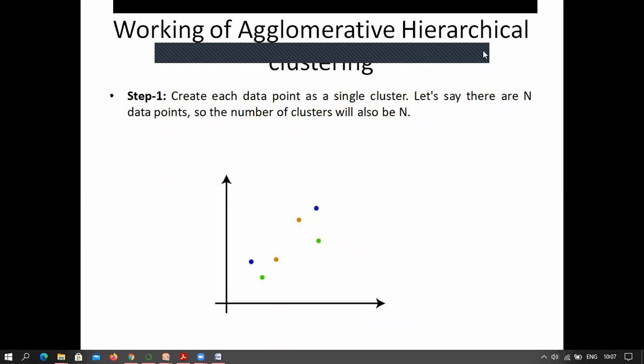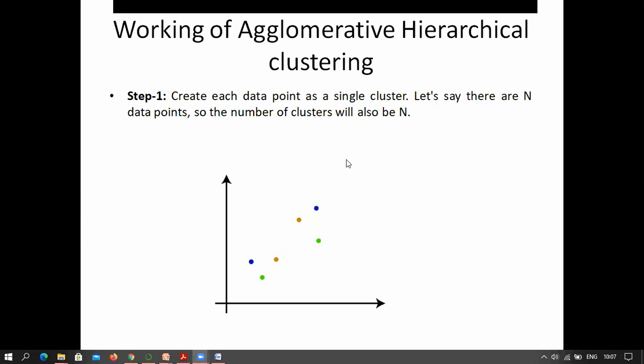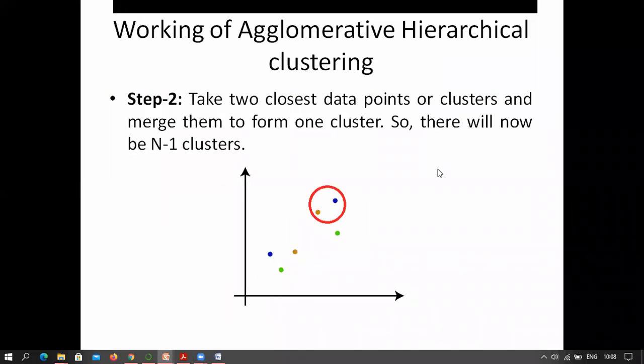And out of those distances, I will take the shortest one. Suppose these 2 data points have the shortest Euclidean distance. So what I will do is combine them into one cluster. Over here, take the 2 closest data points and merge them to form one cluster.